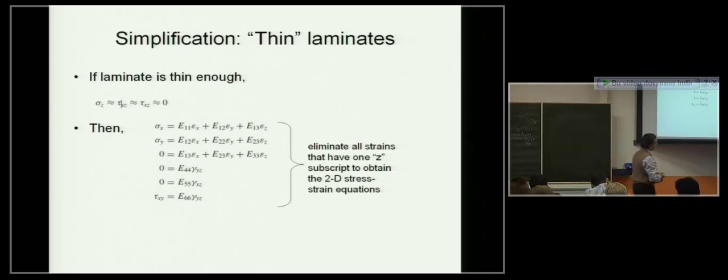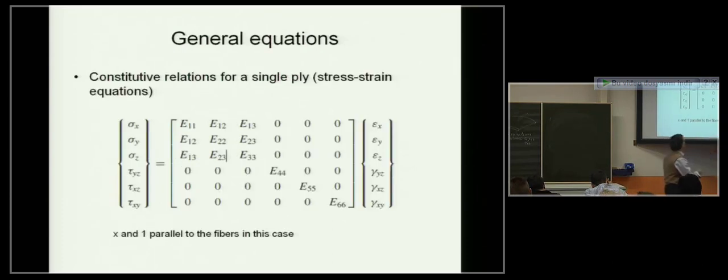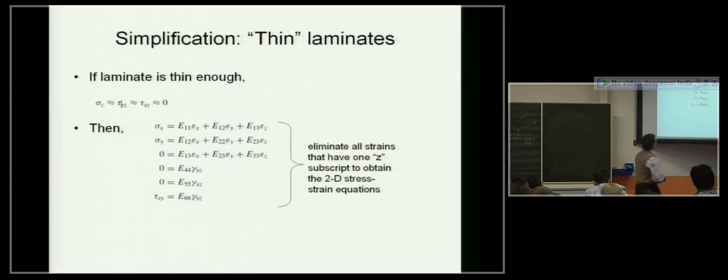If I can do that, then the relationships from the previous 2 slides here become significantly simplified, because I have a bunch of zeros for the sigma z, the third equation, tau yz, and tau xz for the fourth and fifth equation. And what that allows me is a couple of things. First of all, I can directly determine the shear strains in out-of-plane gamma yz, gamma xz are 0.